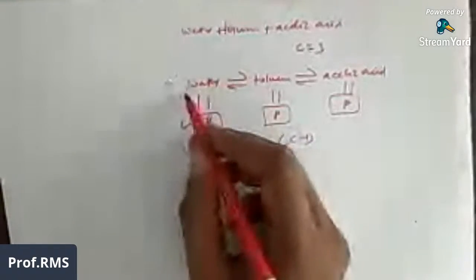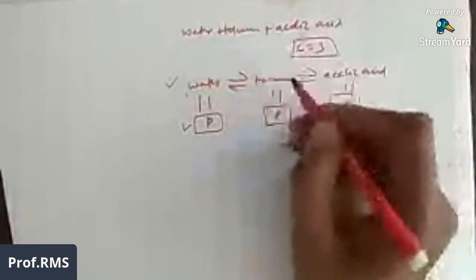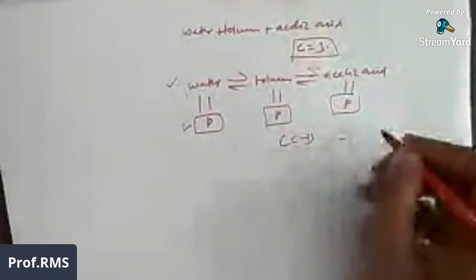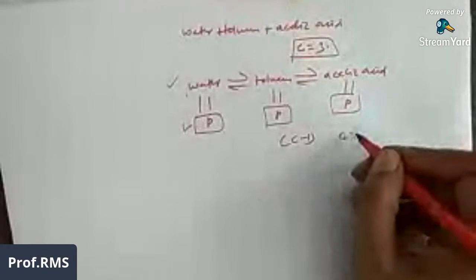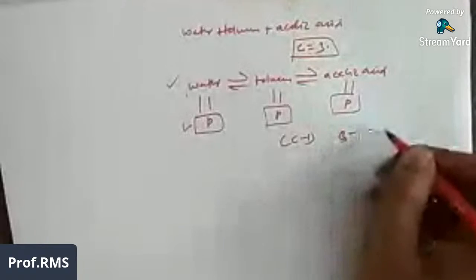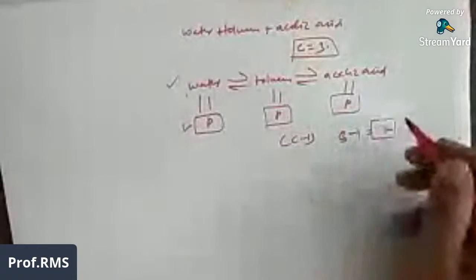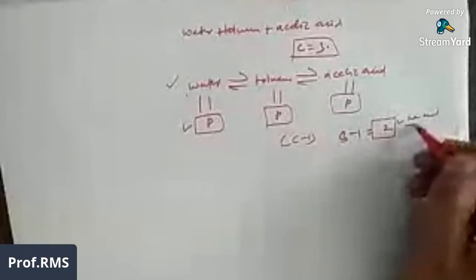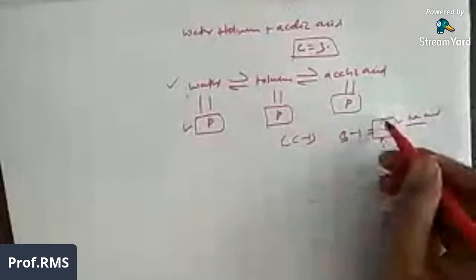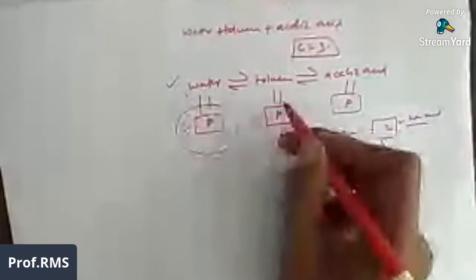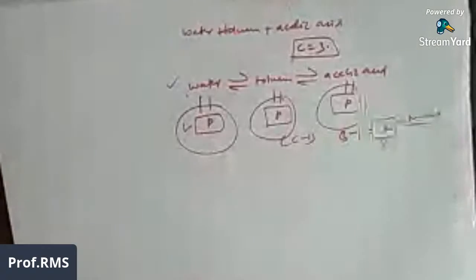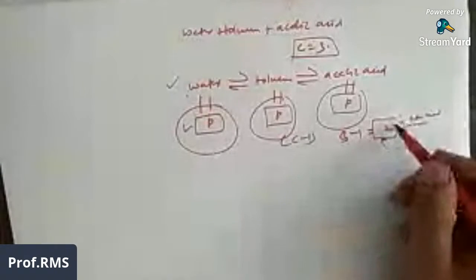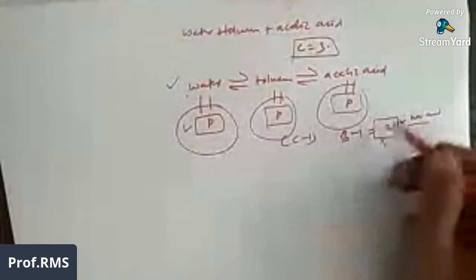We know that this system is a multi-component system, therefore the number of components is 3, then 3 minus 1, which is equal to 2. So we need at least two concentration variables to express the composition of each phase. What we need here is at least two concentration variables.